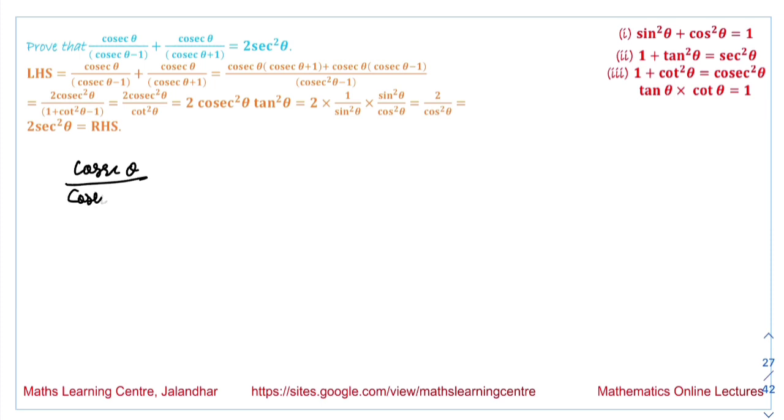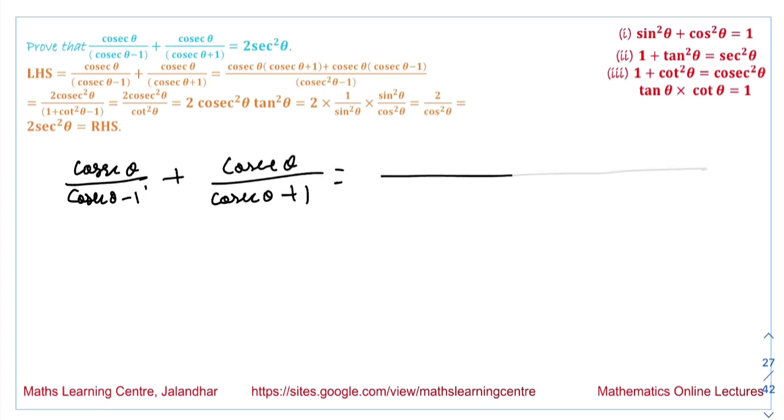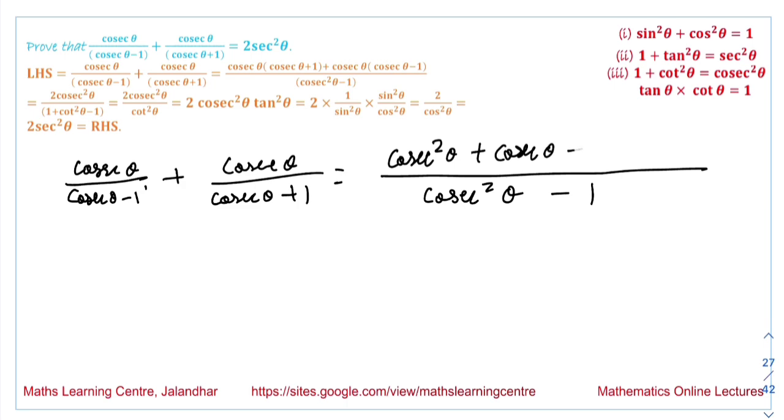Now the next question we have is cosecant theta over cosecant theta minus 1 plus cosecant theta over cosecant theta plus 1. If we take the LCM over here, the denominator is cosecant square theta minus 1, and the numerator will become cosecant square theta plus cosecant theta plus cosecant square theta minus cosecant theta.